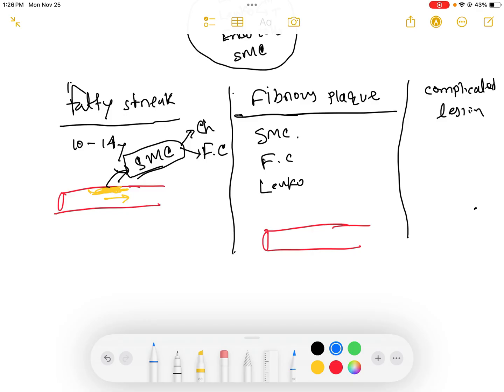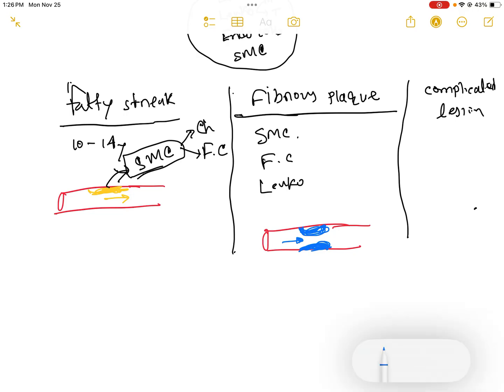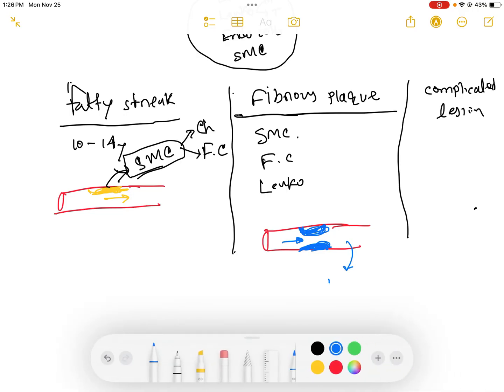As the fibrous plaque grows, it projects into the vessel, leading to lumen narrowing, that in turn can lead to ischemia or infarct. Complicated lesion.